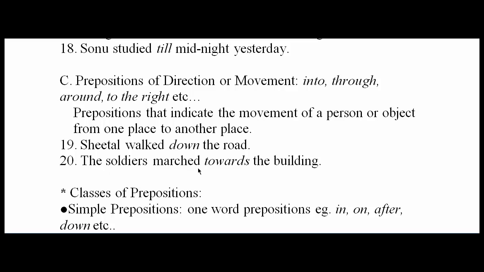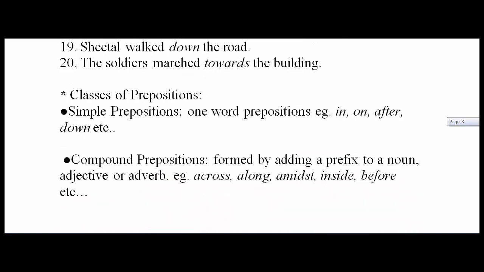It indicates a movement of soldiers towards a certain direction, towards the building. So such prepositions, down, towards, are referred to as prepositions of direction or movement. These are the three types of prepositions that we see in the textbook under the topic preposition.